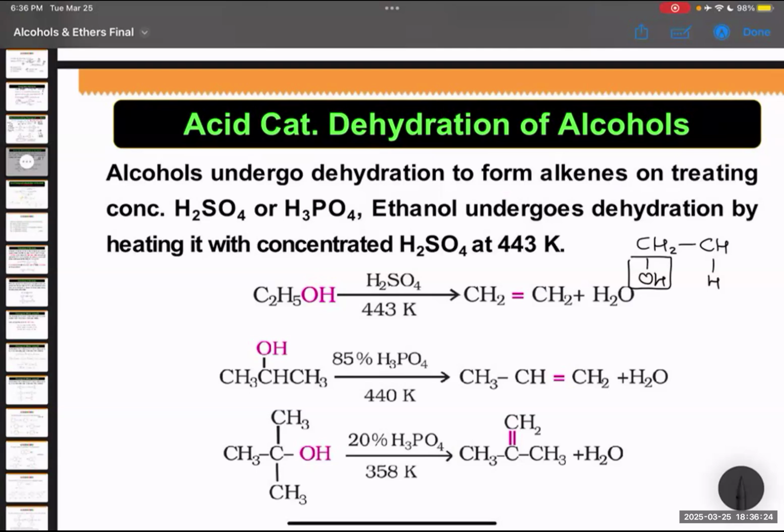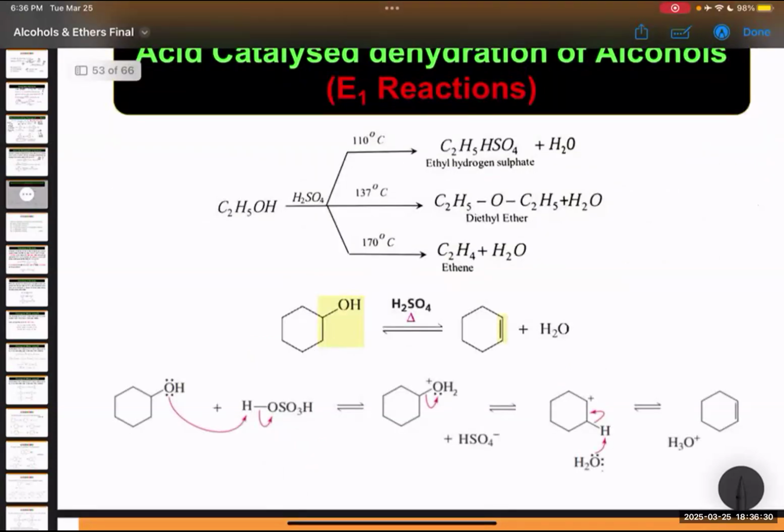Acid catalyzed dehydration. So first of all, how will the OH be removed? You need some acid. H2SO4, some strong acid, and you need it in the concentrated form. Don't take dilute.